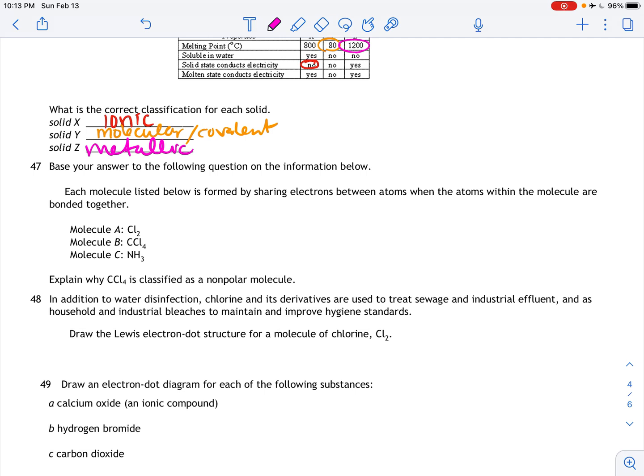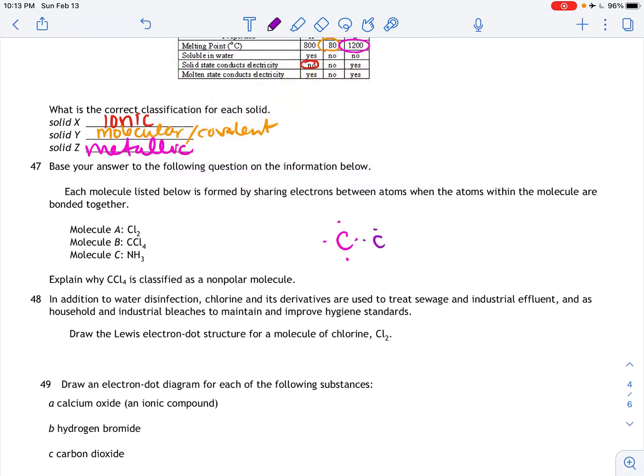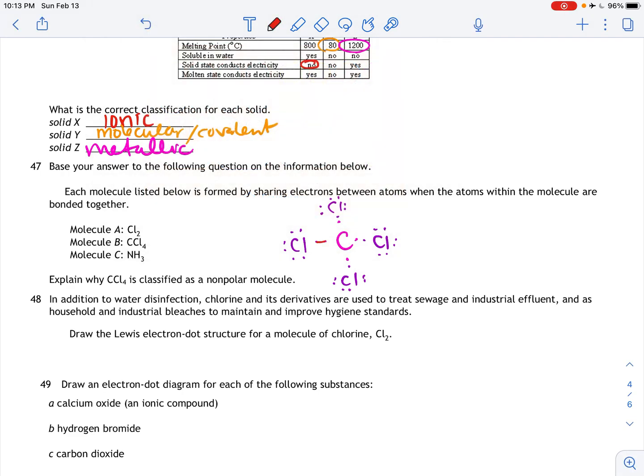Well, if you have no idea, draw it. So, and then chlorine will share here. And then chlorine will have this. And chlorine. Now, don't forget, chlorine has 7 valence electrons, and then let's fill in my bonds.